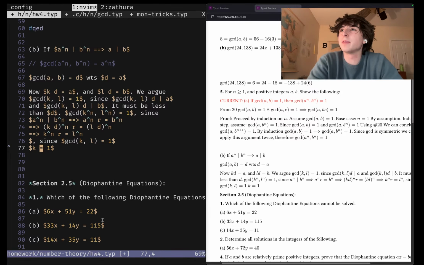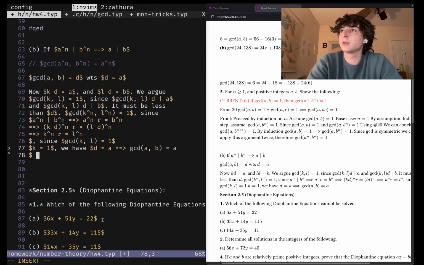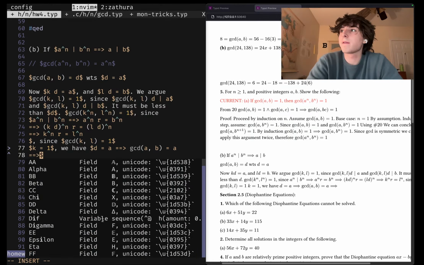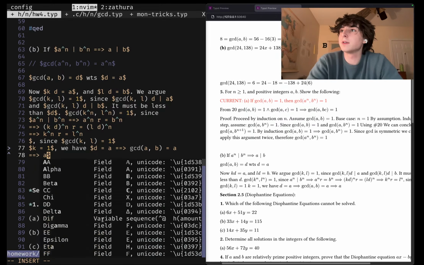And then from there, since we have that k times d equals a, d equals a, which implies GCD of A and B equals a, which implies A divides B.